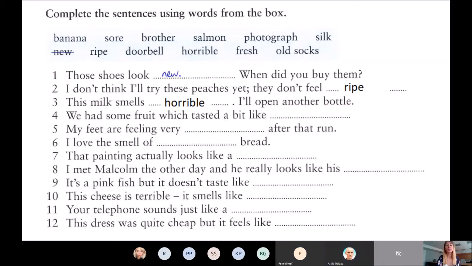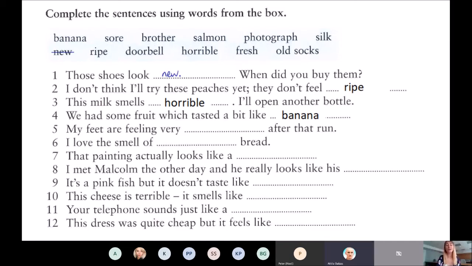We had some fruit which tasted a bit like banana. Just simply, some fruit tasted like banana. It wasn't banana, but it tasted like banana. So it had very similar taste.